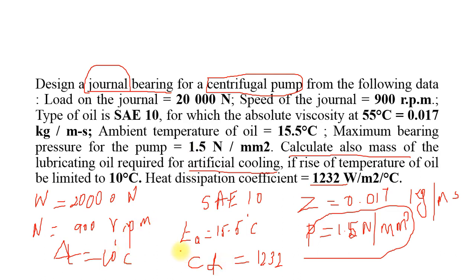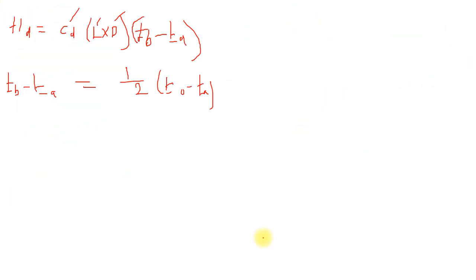You can see here, TA is 15 degrees centigrade, and they have given the oil temperature as 55 degrees centigrade. The oil temperature minus atmospheric temperature, so half into (55 minus 15.5), where I can write TB minus TA is equal to 19.75.